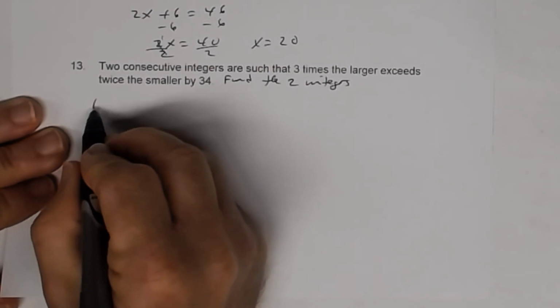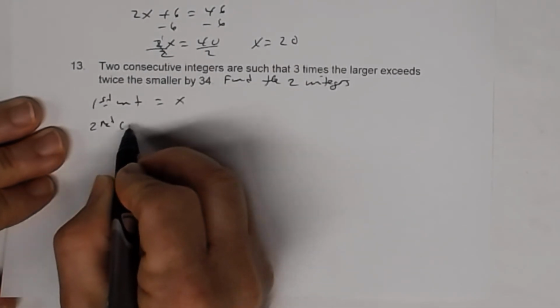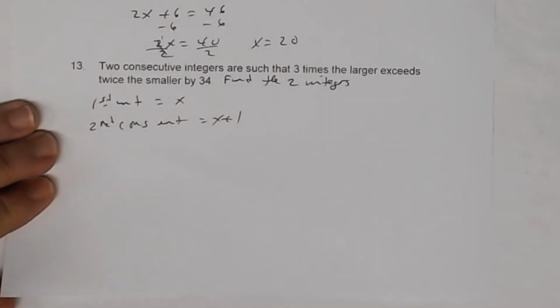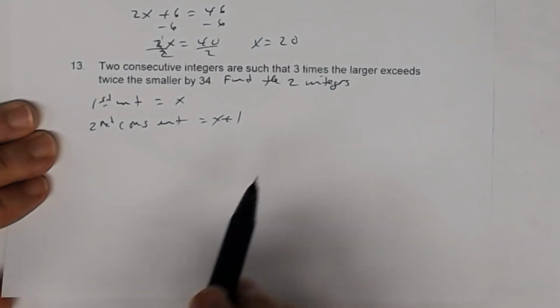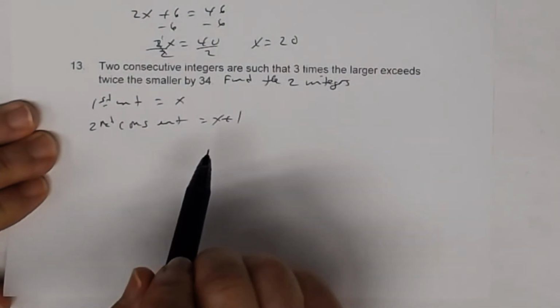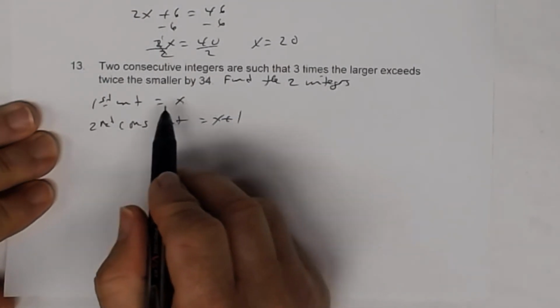All right, so the first integer is going to be x. The second consecutive integer will be x plus 1, right? So this is what it says: 3 times the larger. Here's the larger right here; that's the smaller, that's the larger.